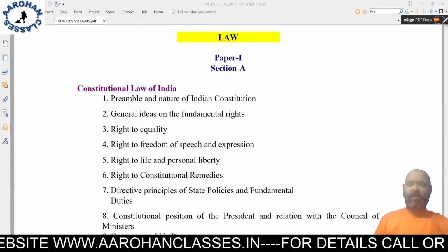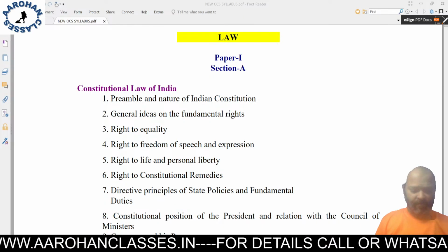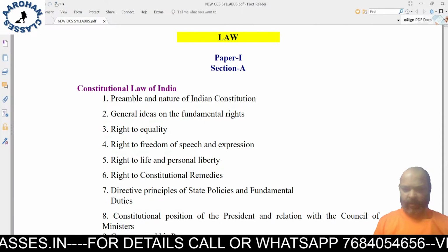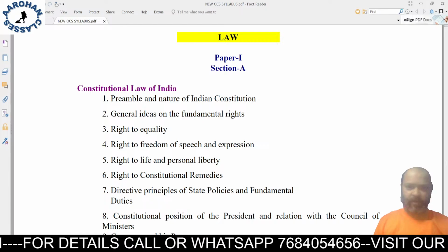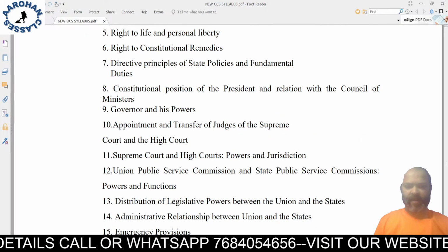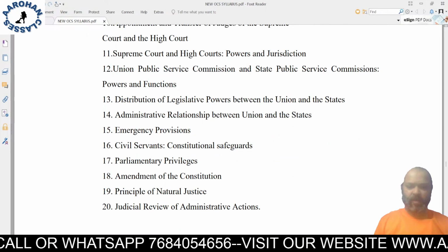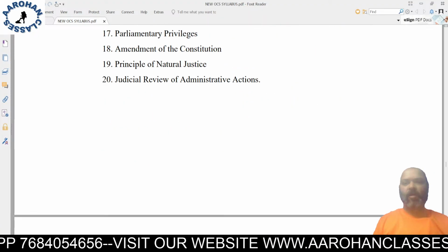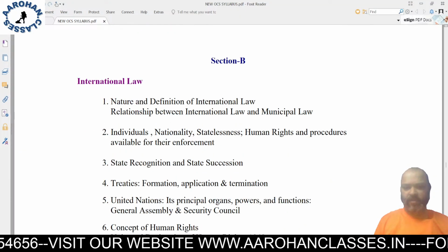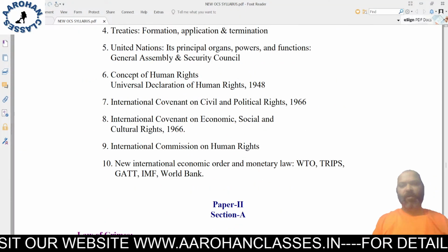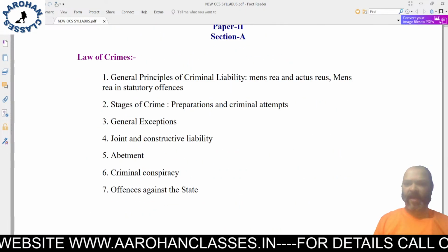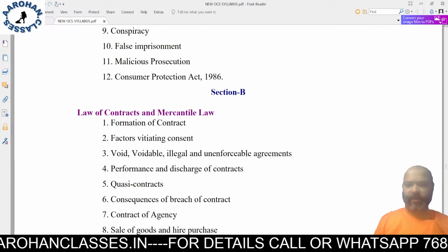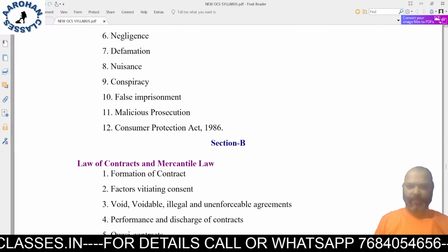There is a little difference in the syllabus: in UPSC you also have to study administrative law, whereas in OPSC administrative law is not directly given, although some components we can see. For OPSC, there are basically four subsections across both the papers.